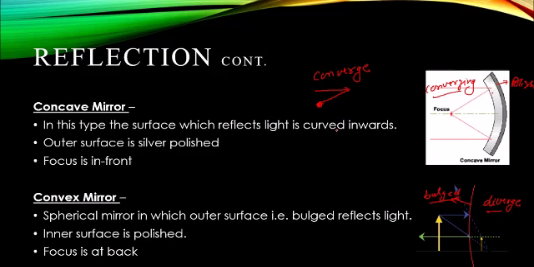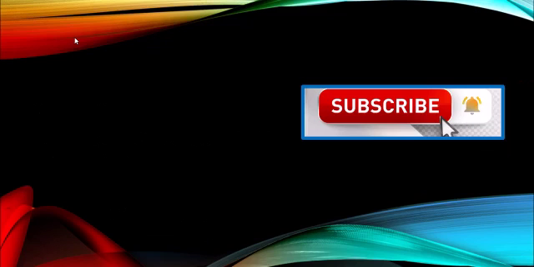In the convex mirror, the outer part, that is the bulge part, is reflecting the light. It is a converging mirror, and it is a diverging mirror. In the concave mirror, focus, radius of curvature, and center of curvature are all in front, and in case of convex, all are at the back.